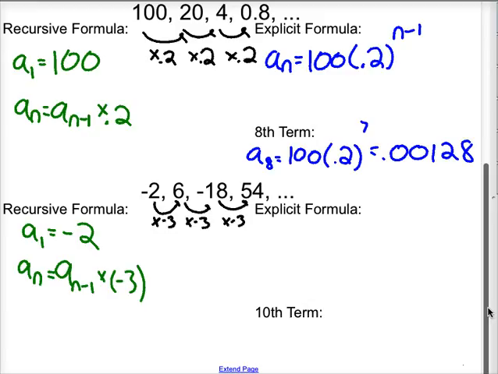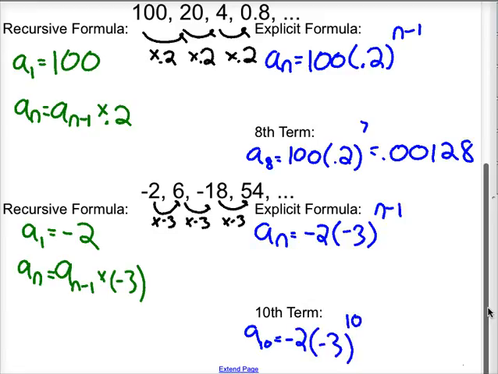Now, my explicit formula: I take that first term of -2, my rate of -3 to the n minus 1 power. So to get my 10th term, I plug in 10.